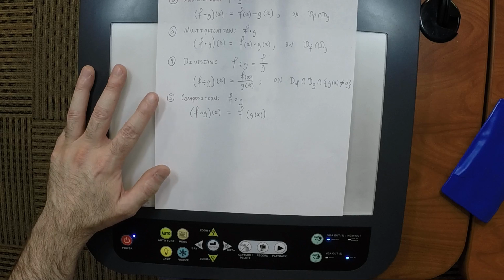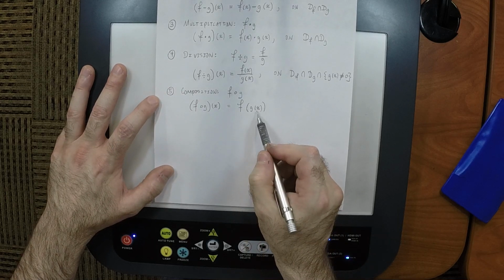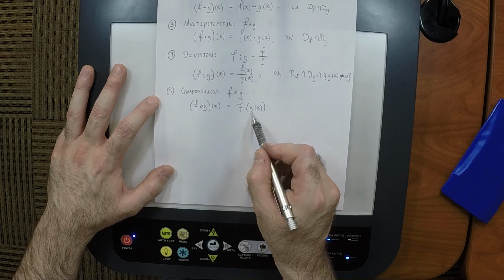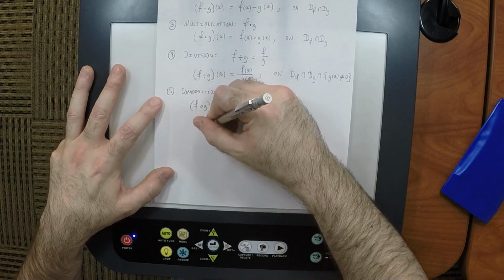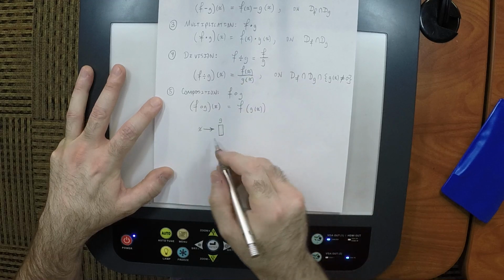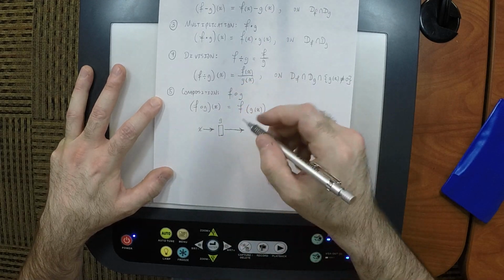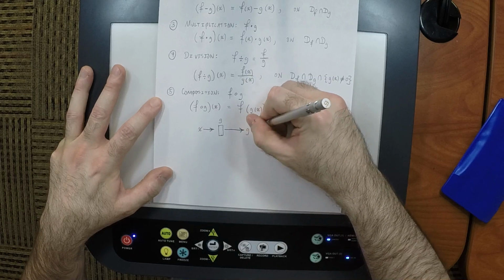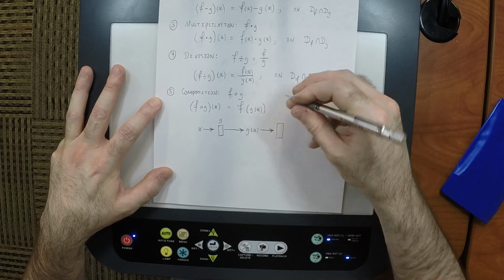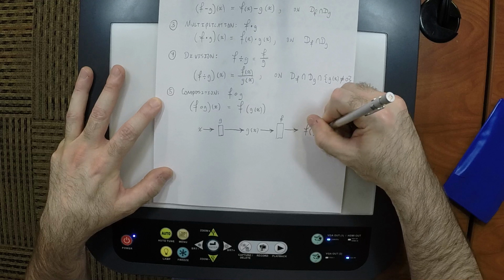And the diagram is notably different, because notice that we take the input and we give it to g first. So it looks like this: x to g, and then g makes its output g of x, and we use that as the input to the f function. And then it makes f of g of x.